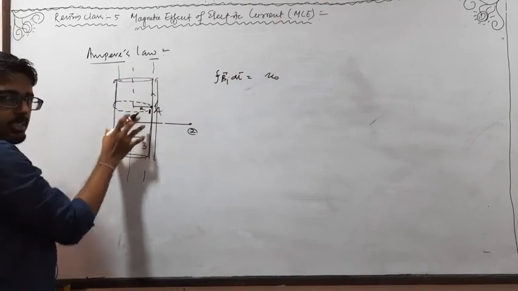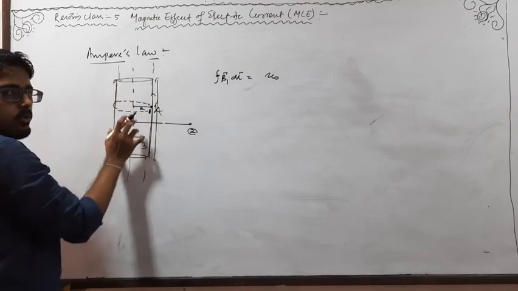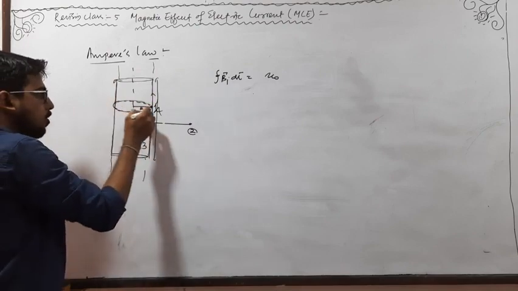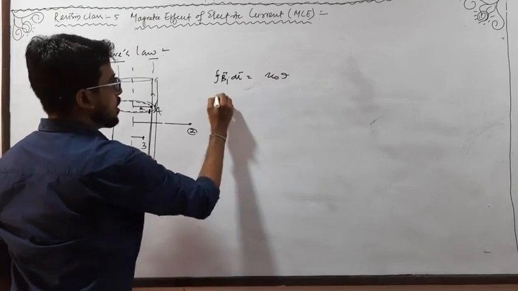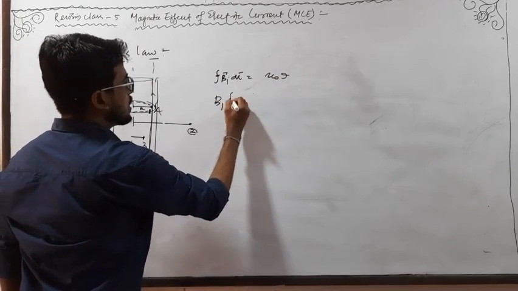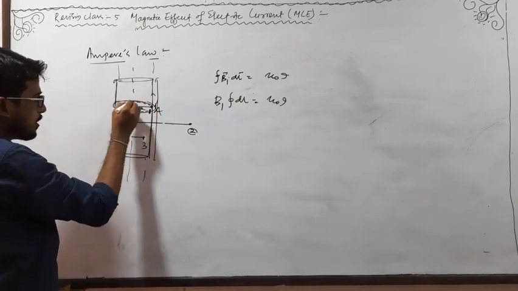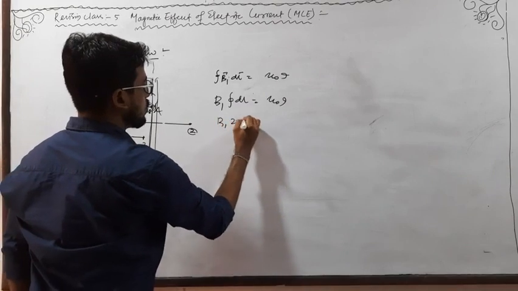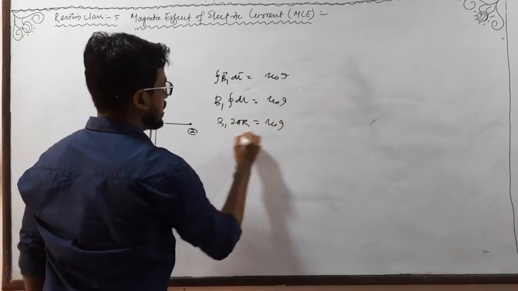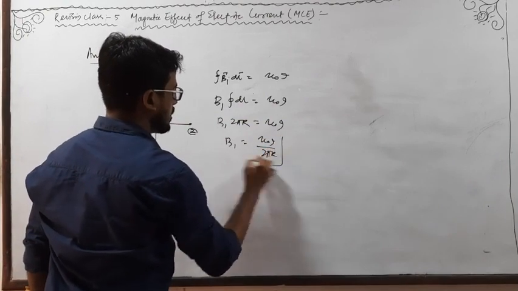As this is a hollow cylinder, all the current flows along the surface of the conductor, so the enclosed current is the complete current carried by this conductor, that is I. So B1 closed integral of dl equals mu naught I. What is the closed integral of dl? The complete length of this Amperian loop, which is 2 pi r. So B1 into 2 pi r equals mu naught I. So B1 will be mu naught I by 2 pi r.